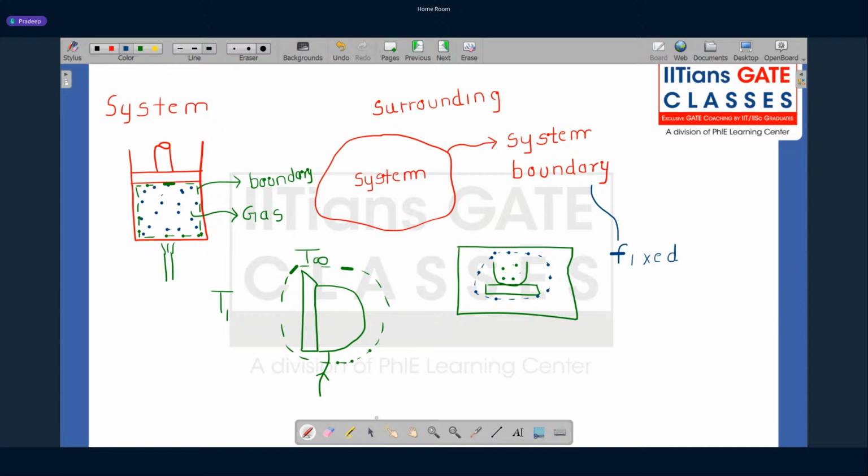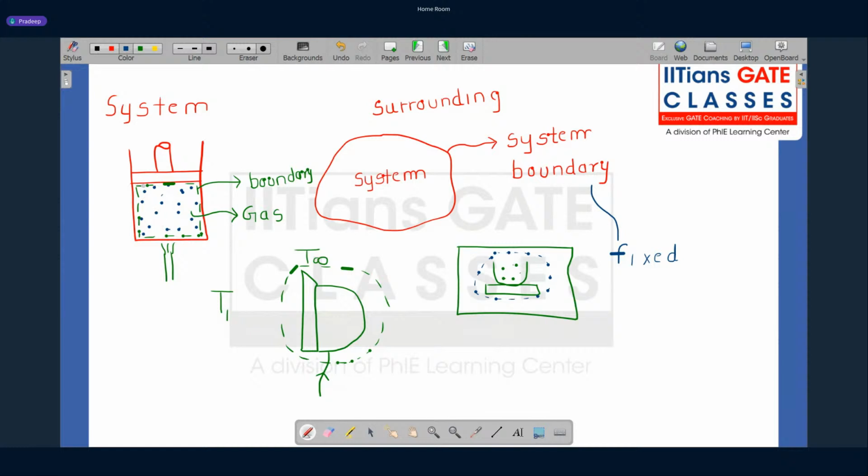Let me give you another example. The same example here: the gas behind the piston cylinder arrangement, and we are heating it. As you are heating the gas, what happens? The gas becomes heated and it expands. You have marked the boundary of your system by this green colored dotted line. As we transfer heat, the gas gets heated and will expand, and the volume of the gas behind the piston cylinder arrangement is going to increase.